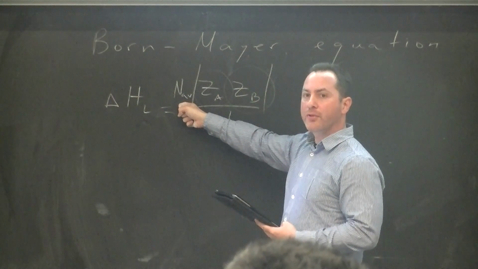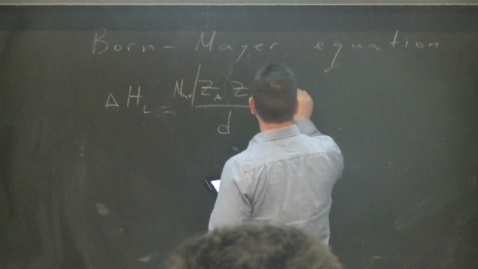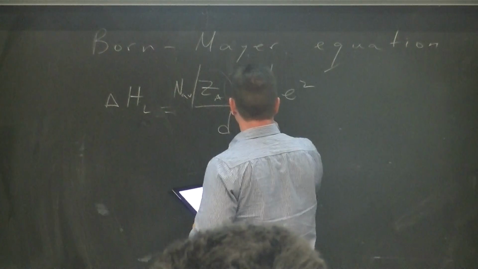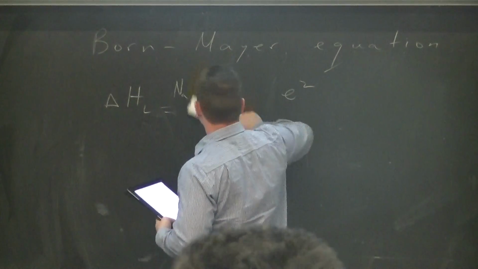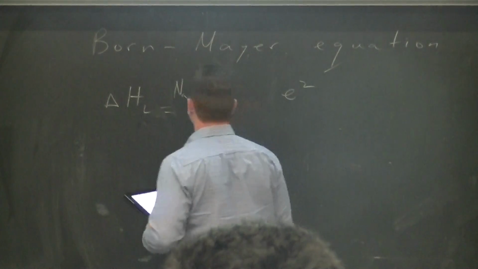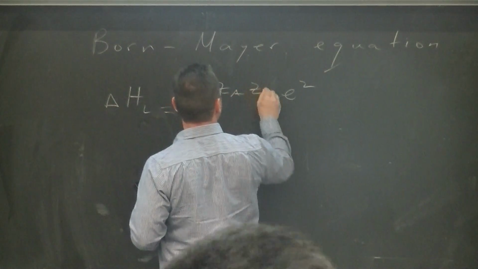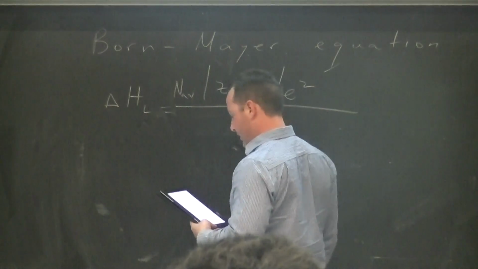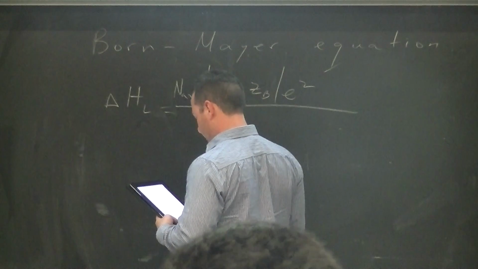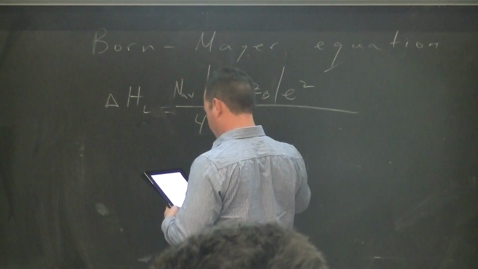multiplied by the Avogadro's number, multiplied by E. I'm just going to make it cleaner. Don't worry, I'm not going to write everything else. And that is certainly 4 pi.